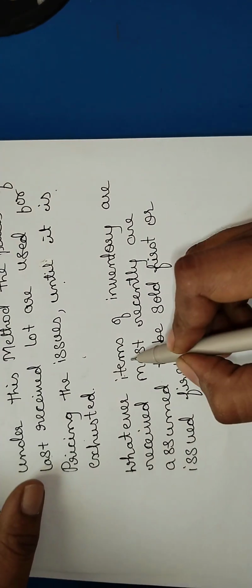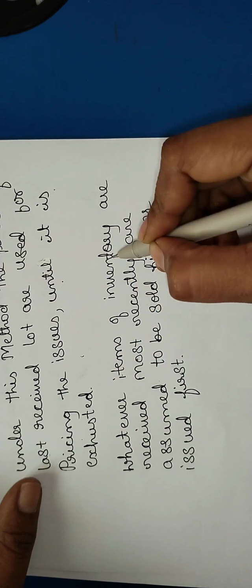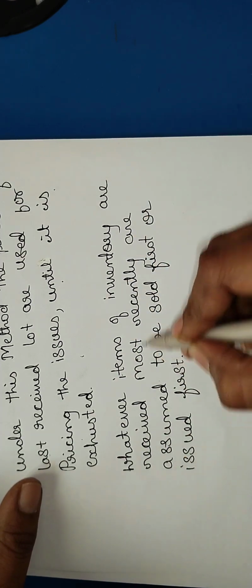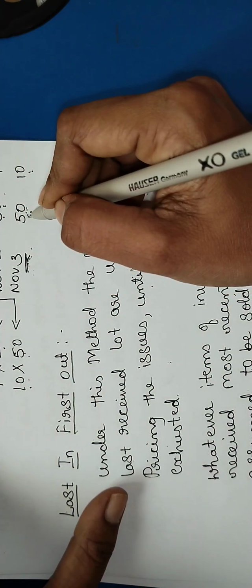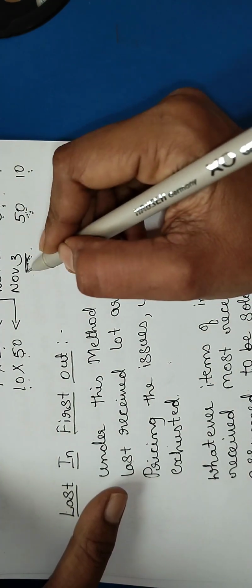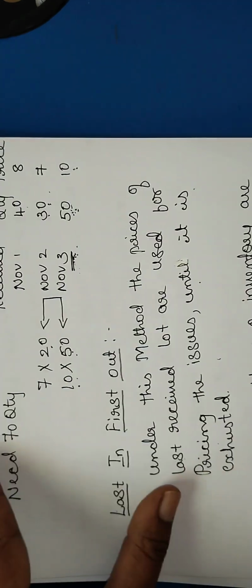In simple words, whatever inventory is received most recently, that is 3rd November, is assumed to be sold or issued first. So first we are issuing the latest one, the last one.